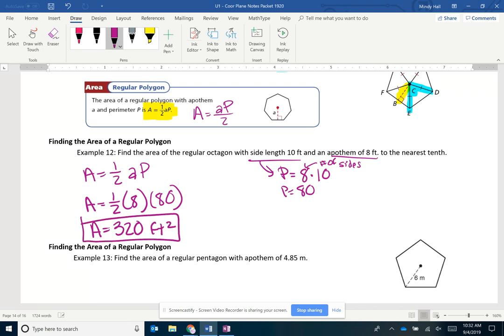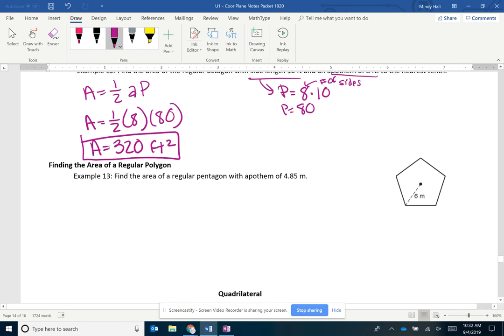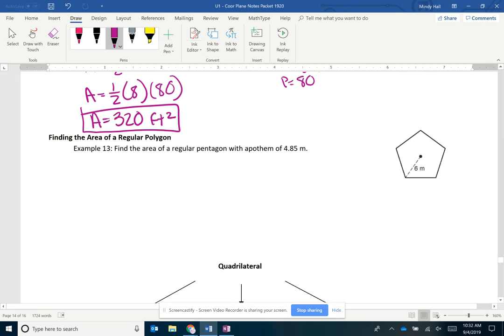Okay, so then moving on down, with 13 we want to find the area of the regular pentagon, and we know that its apothem is 4.85. So if I want the side length, I need to know what this measurement is.